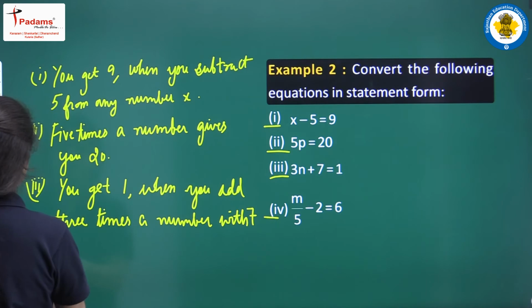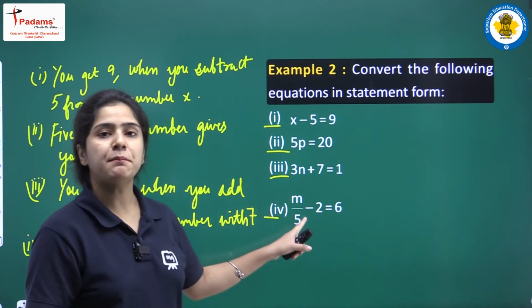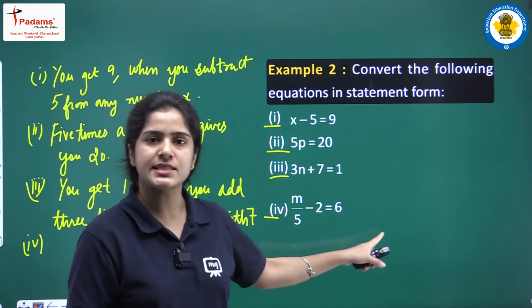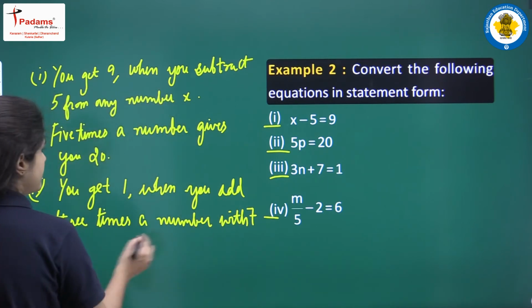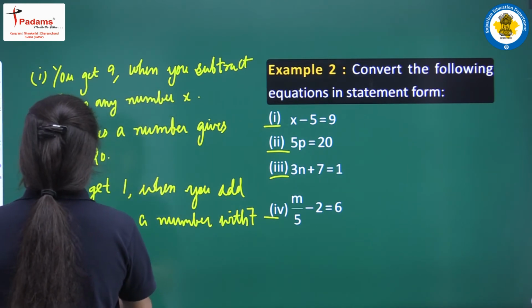Okay students, now the fourth statement: m upon 5 minus 2 is equal to 6. What is this?